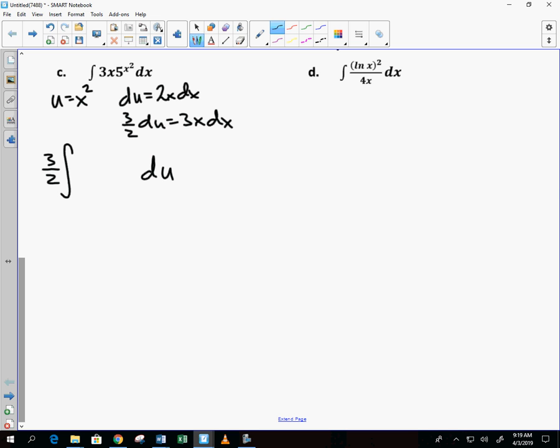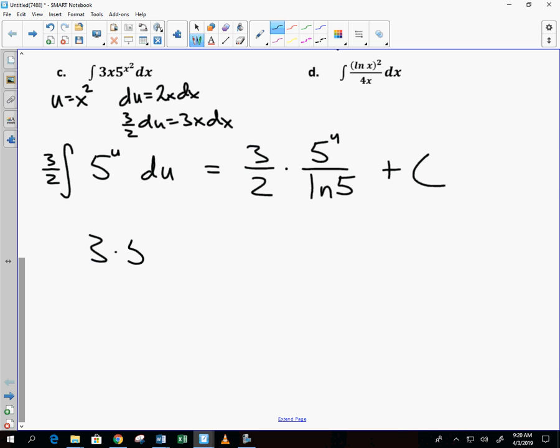What remains? 5 to the u. So the question is, do we know the antiderivative of 5 to the u? Yeah, we do. The antiderivative of 5 to the u is 5 to the u divided by the natural log of 5 plus a constant. What is u? So therefore, we have 3 times 5 to the x squared over 2 natural log of 5 plus a constant.